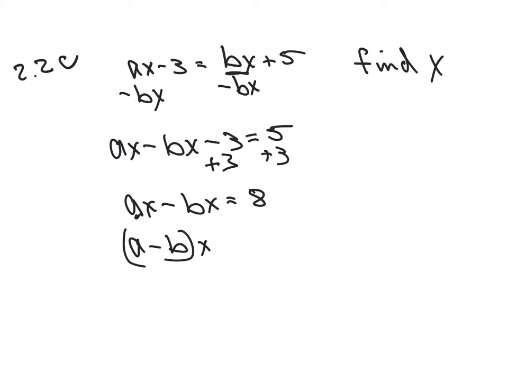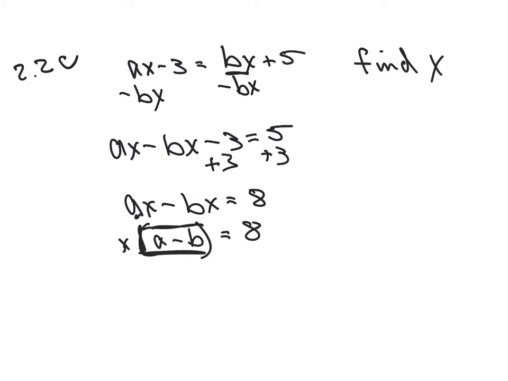So what we end up doing is looking to see if we can factor anything out. And we can factor an x out, and we're left with a minus b, which is very similar to what I just had on the whiteboard, only the other way around. So we can continue on because we can now get rid of this here.